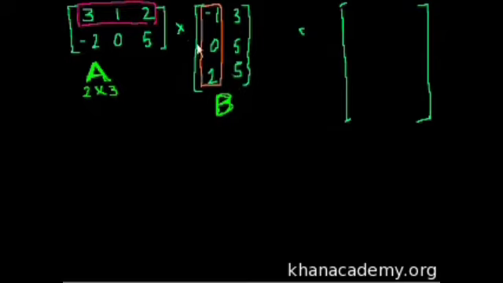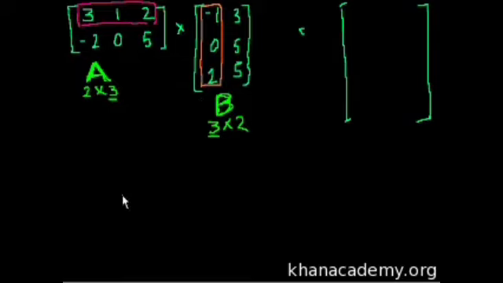Well, it has 3 rows, 1, 2, 3. So it's a 3 by, and how many columns does it have? 1, 2. A 3 by 2 matrix. So it turns out that we can multiply 2 matrices if the number of columns in the first matrix is equal to the number of rows in the second matrix. So here, 2 by 3 times 3 by 2, we can multiply them.